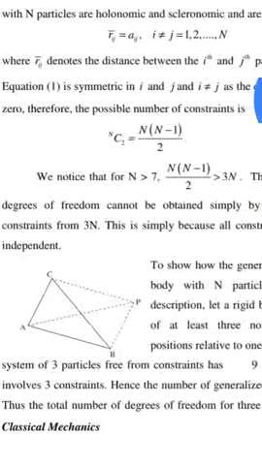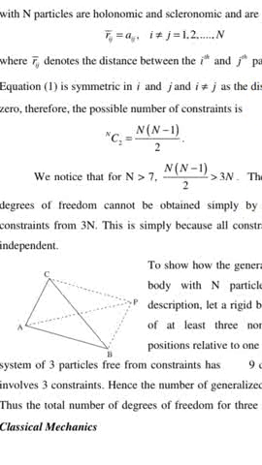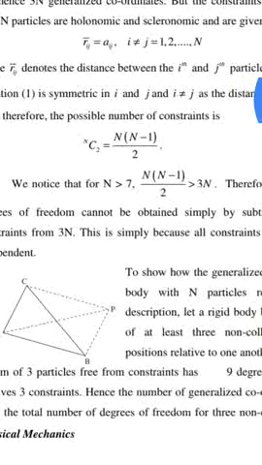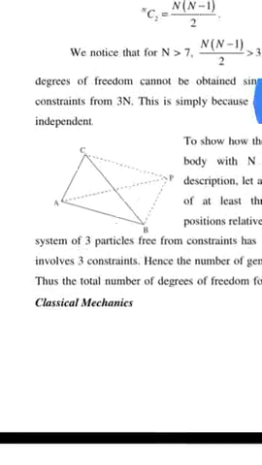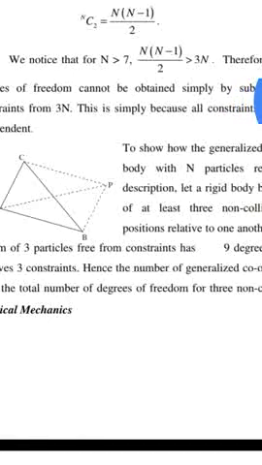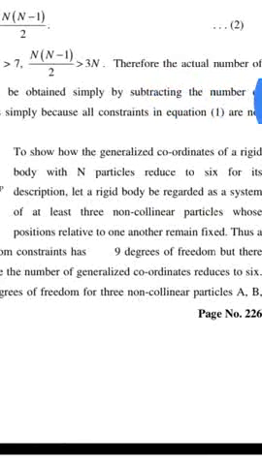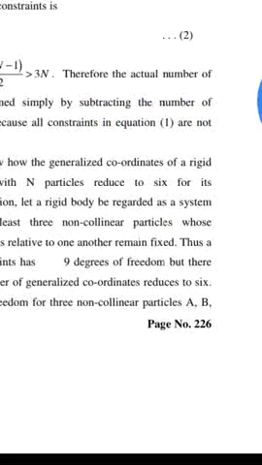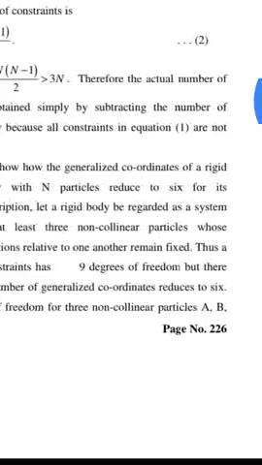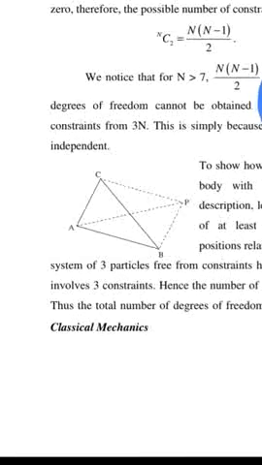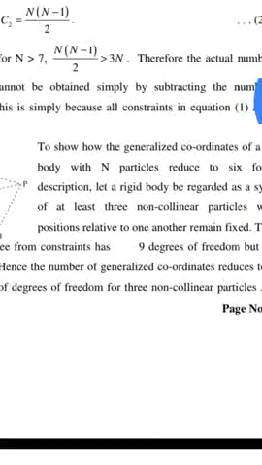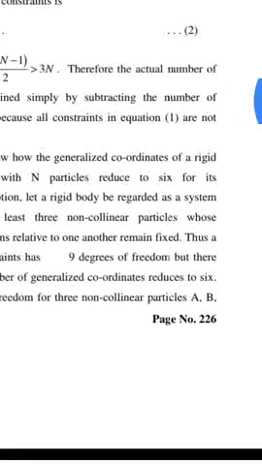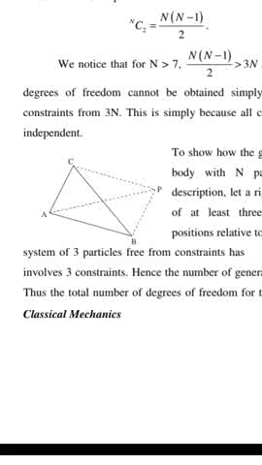We notice that for n greater than 7, n(n-1)/2 is greater than 3n. Therefore, the actual number of degrees of freedom cannot be obtained simply by subtracting the number of constraints from 3n. This is simply because all constraints in equation 1 are not independent.